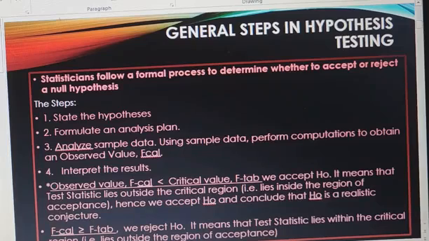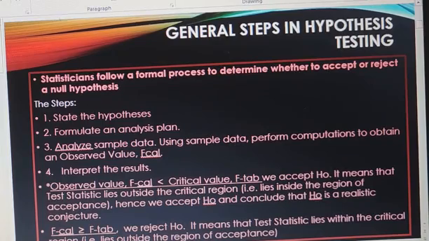General steps in hypothesis testing. Statisticians follow a formal process to determine whether to accept or reject a null hypothesis, based on sample data. This process is called hypothesis testing. It consists of 4 steps. 1.